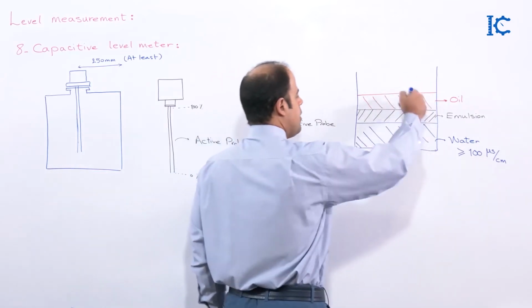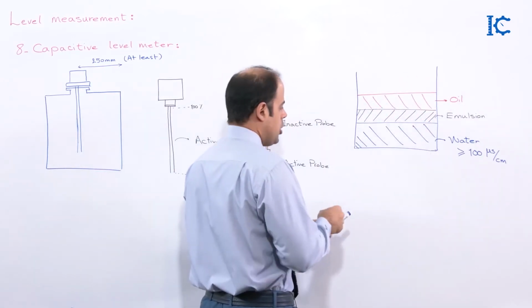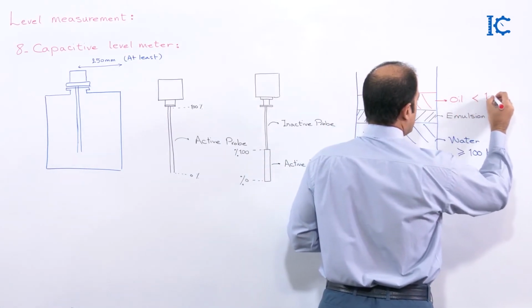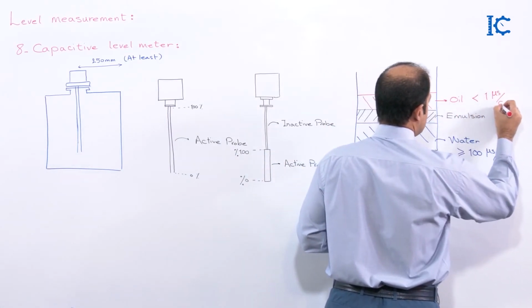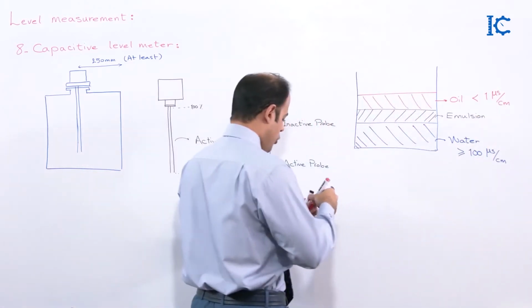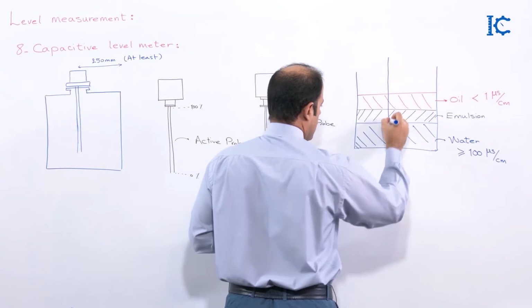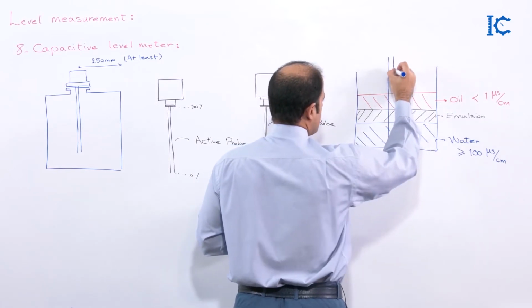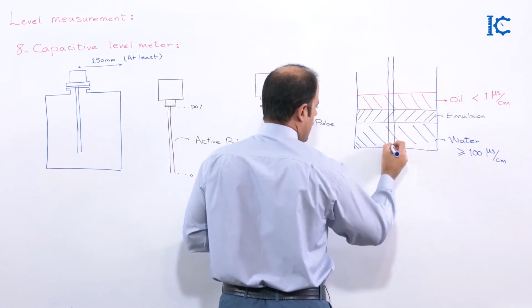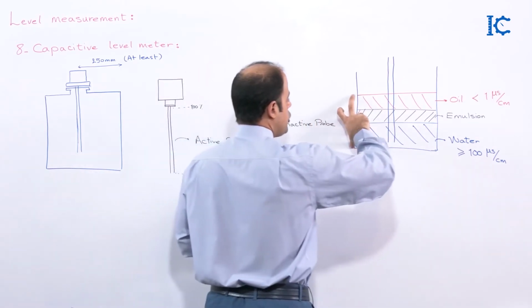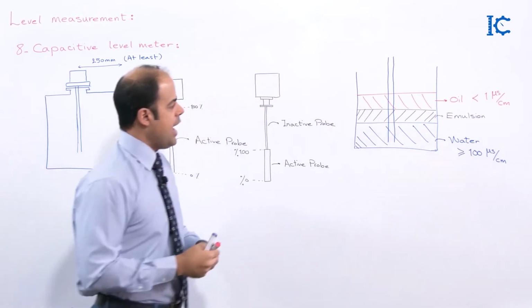And for the oil, for example, the conductivity must be less than 1 microsiemens per centimeter. For this case, as you can see, if I consider 2 probes here, I can determine the height inside of this tank too.